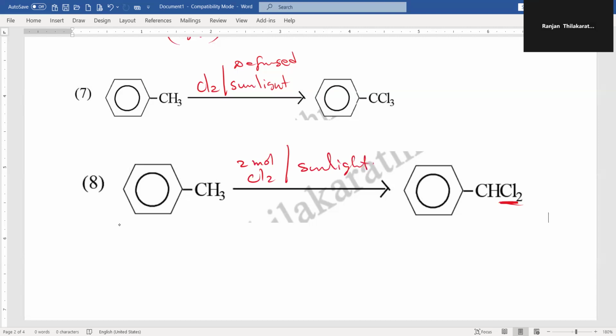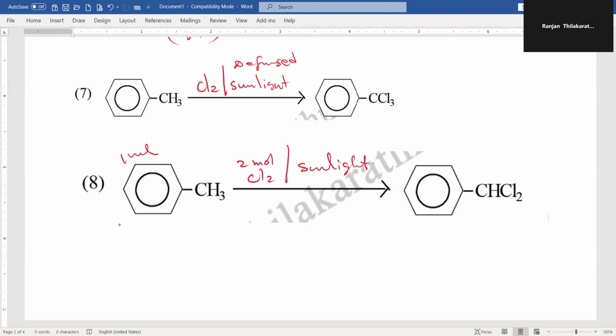Then you will get this product. That means if you need 2 chlorine atoms, then you have to use 1 mole of this with 2 moles of chlorine. Actually, even in this case, you will get this CCl3 product, but that will be the minor product. The major product may be this one, but can't guarantee, because these are free radical reactions.